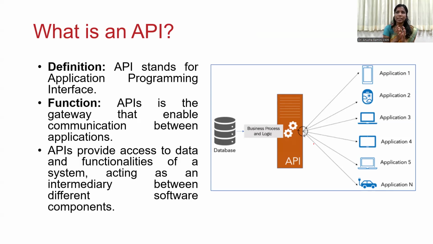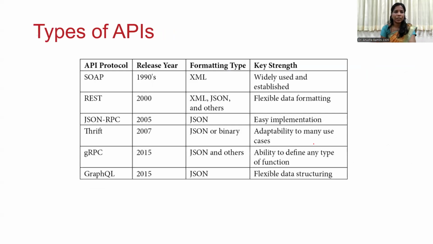If a model is there, it may have some input data and it may generate some data. So the API can access the data as well as the functionality of a particular model. These are the two things done by the API: accessing the data as well as accessing the functionality of the model. For these two reasons, we are using the API as an intermediary software.